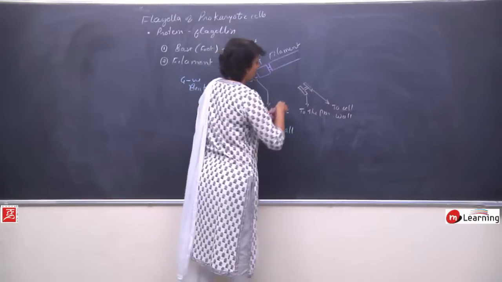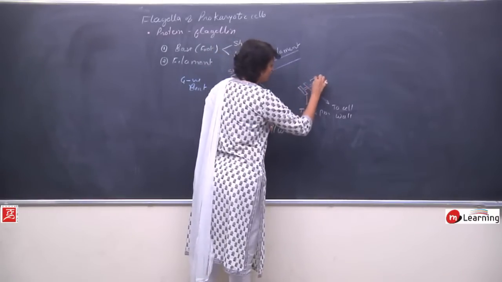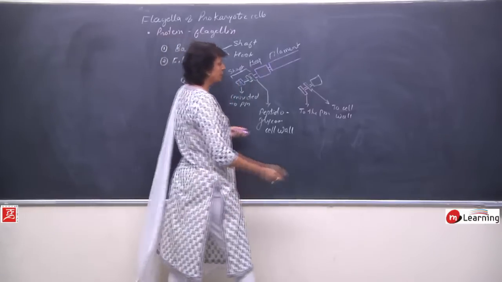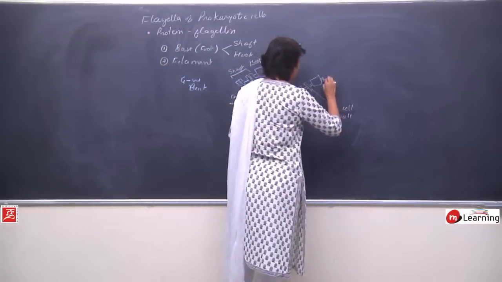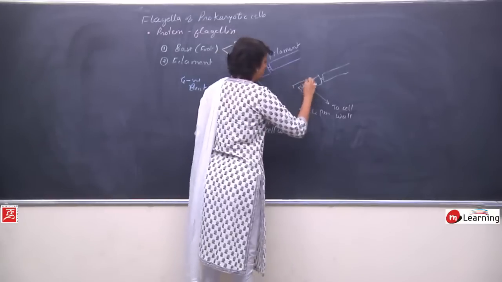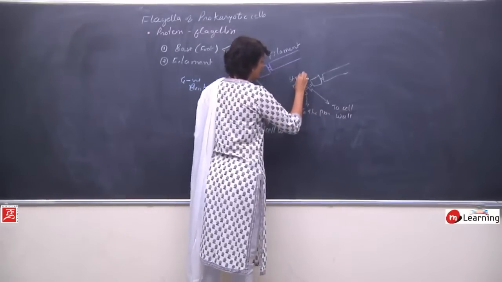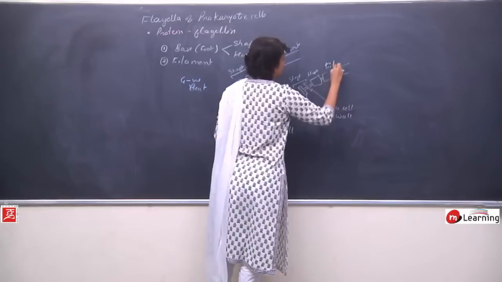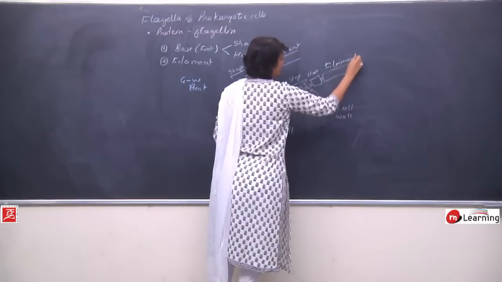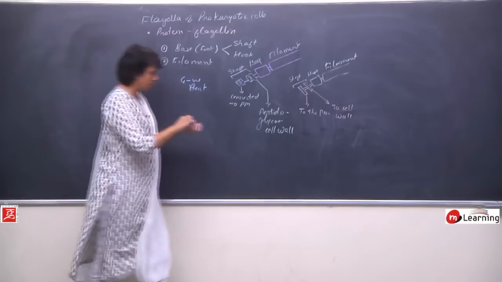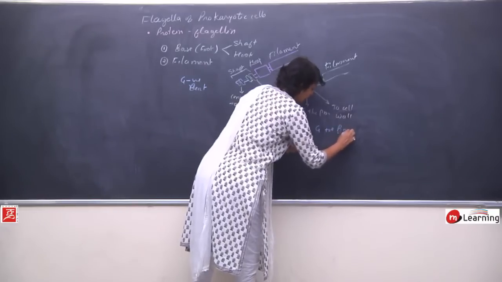And then there is a hook which is again same as what is seen in case of a negative bacterium, and a filament. So this would be the shaft, hook, and filament. Let us write this as gram-positive bacteria.